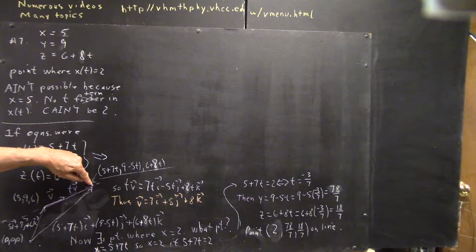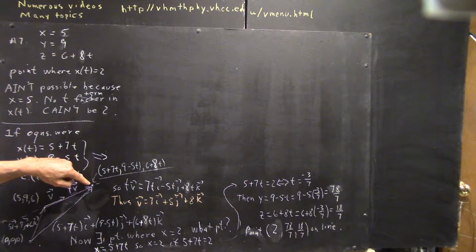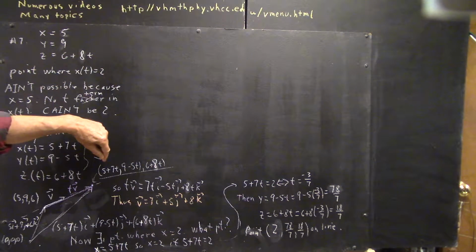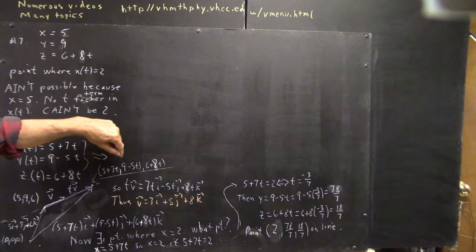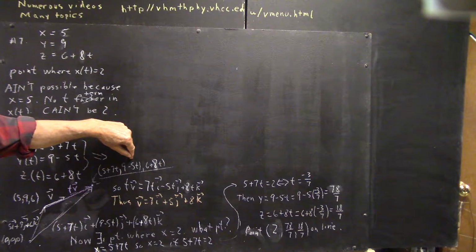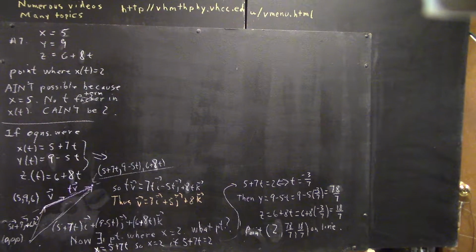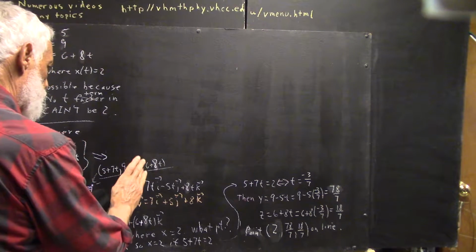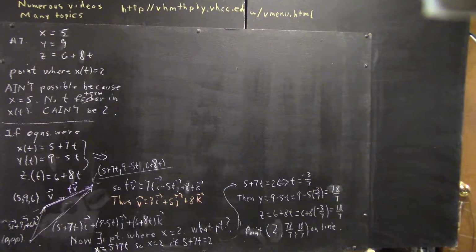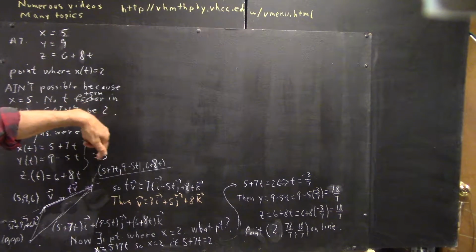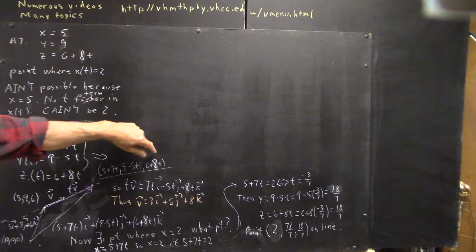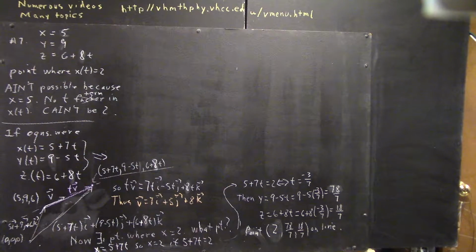So let's just take this point here. This point is on the line, therefore for some value of t it has coordinates 5 plus 7t, 9 minus 5t, and 6 plus 8t. It looks like I tried to close a parenthesis there. I don't remember doing that, but I'm sure I did. Okay, but by these equations, any point on the line has this form for some value of t.